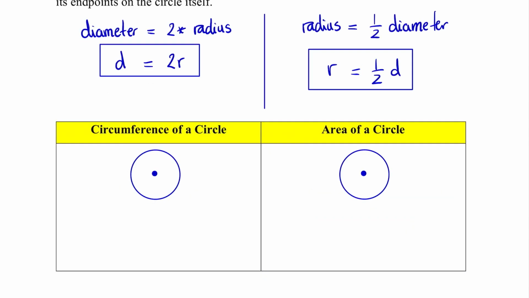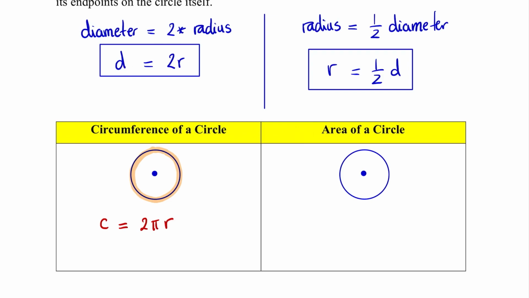The circumference of a circle is the distance around the circle. The formula for the circumference is 2 pi r. So 2 times pi times the radius. Now, if you take 2 times radius, that is your diameter.